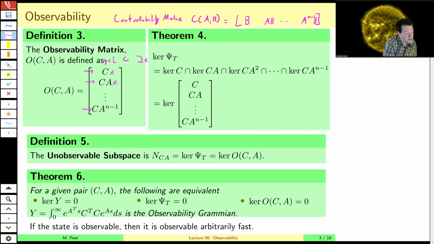So that's the observability matrix, and you can see it has very similar properties to the controllability matrix. If you transpose this thing, then you get basically C transpose, A transpose C transpose, something that looks very similar to the controllability matrix. So there are a lot of similarities here.